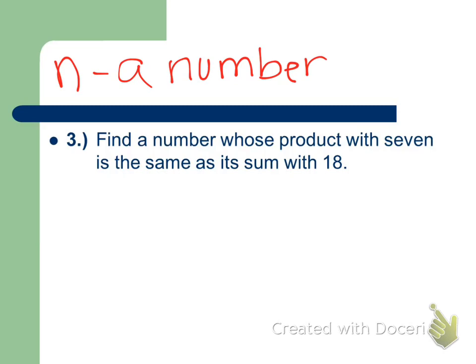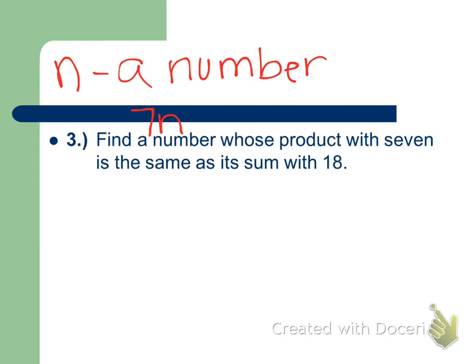Find a number, so number, we should think N, whose product with 7. So what does that mean we're doing to this N, Jalen? By 7. Okay. So we could write that as N times 7, or we can go ahead and write it as 7 times N. Or 7N.